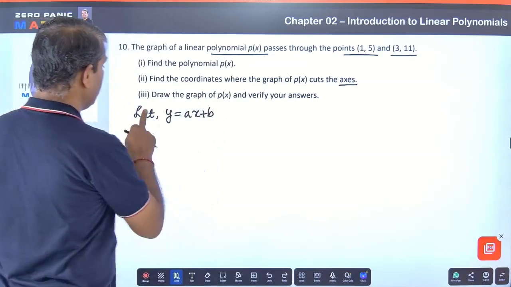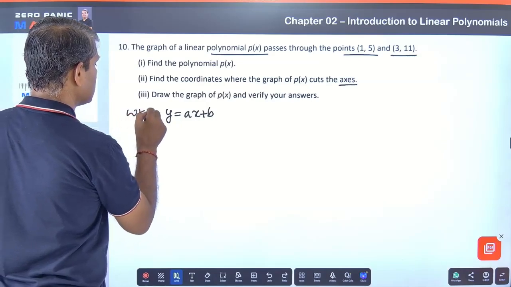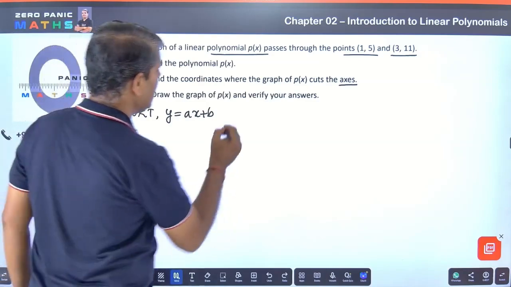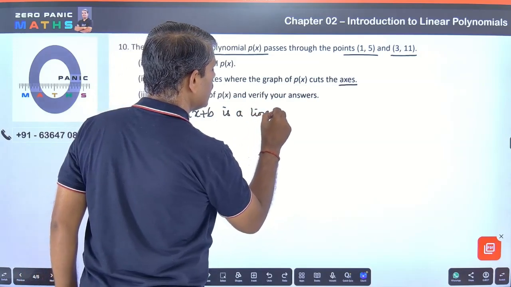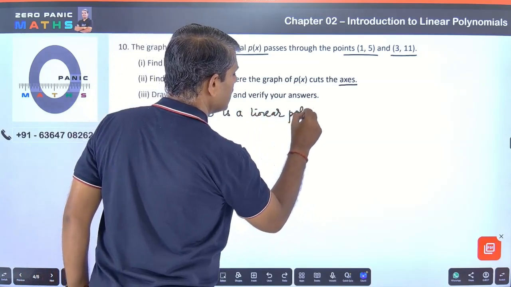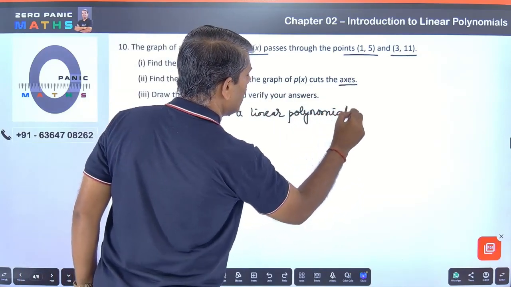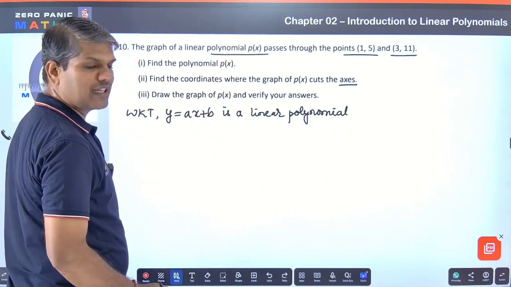We know that y is equal to ax plus b is a linear polynomial, and I consider this y is equal to ax plus b as p of x.